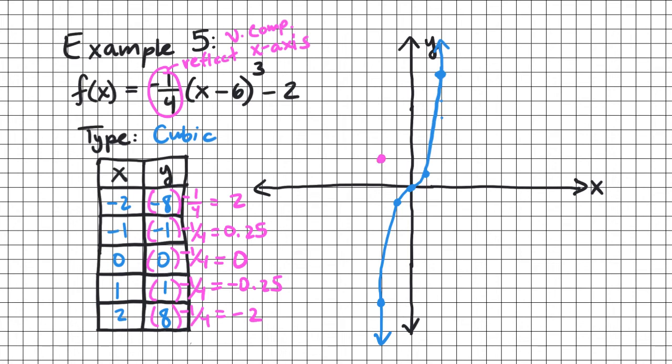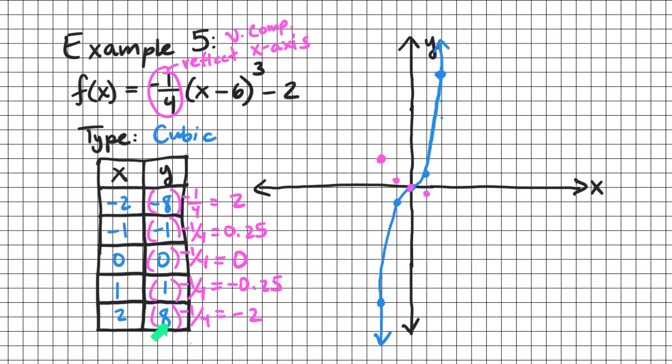Negative 1, and then 0.25. 0, 0 stays the same. 1 and negative 0.25. So this is kind of going a quarter of the way.